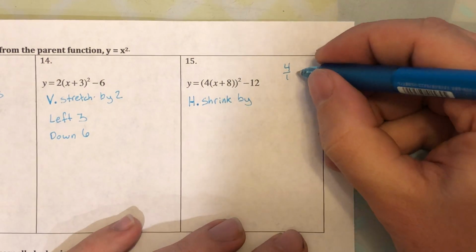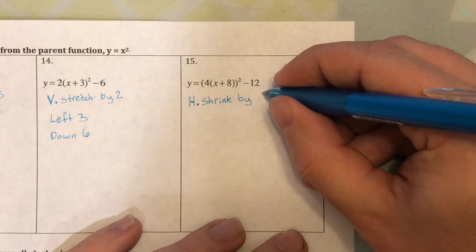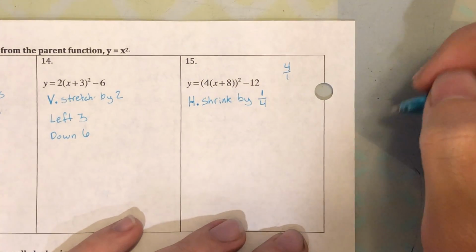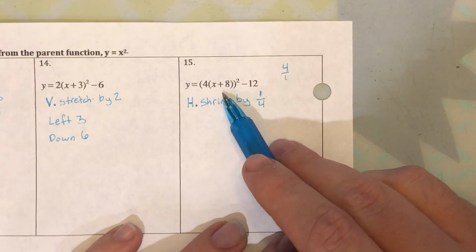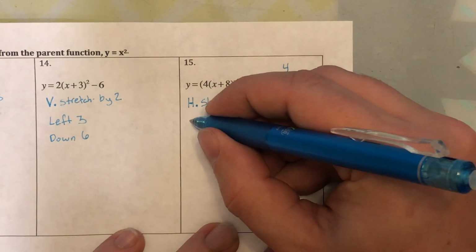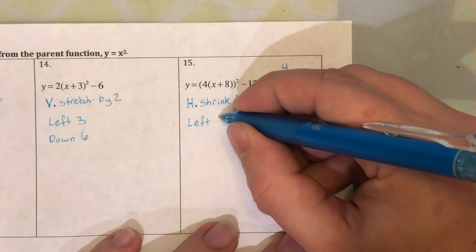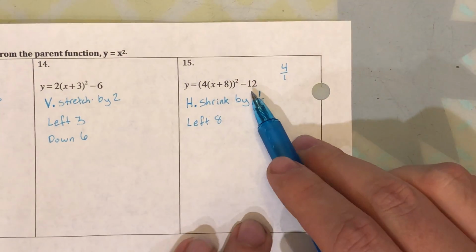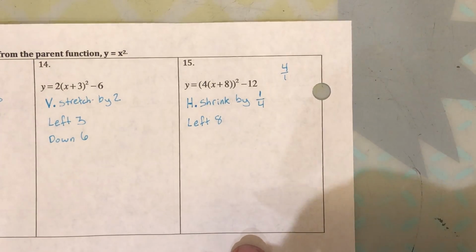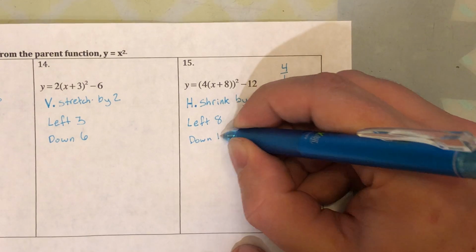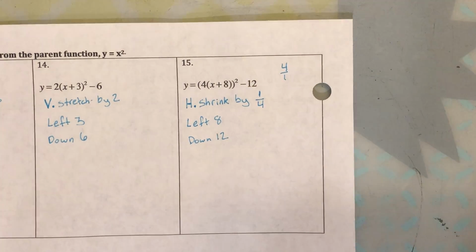So the reciprocal of it, you flip those and you have 1/4. The +8 is a horizontal shift, and that shifts it left 8. The -12 is a vertical shift, shifting it down 12.